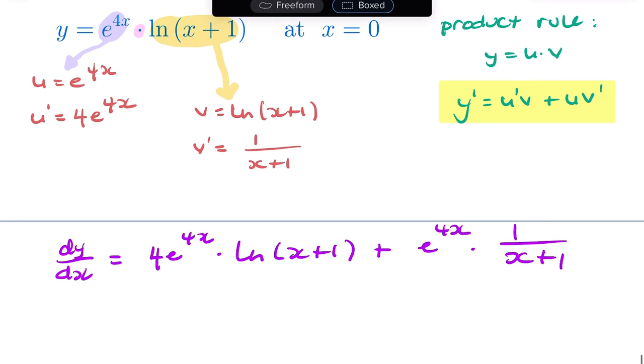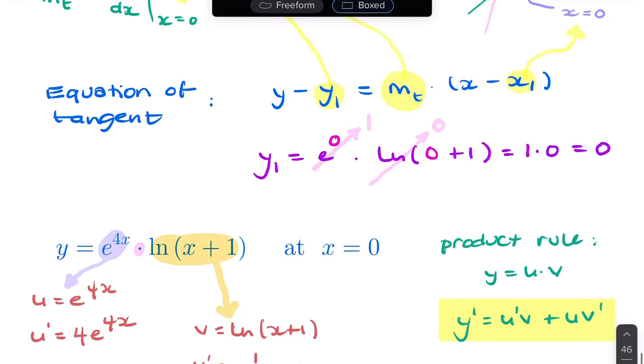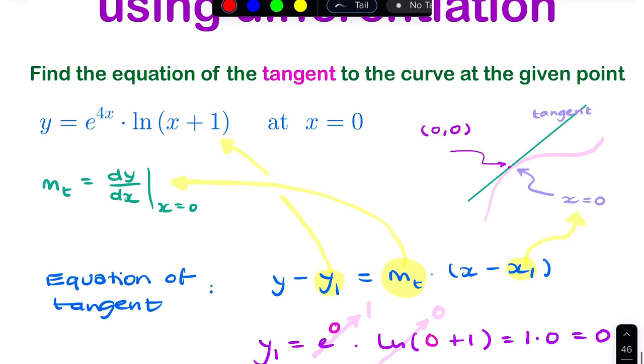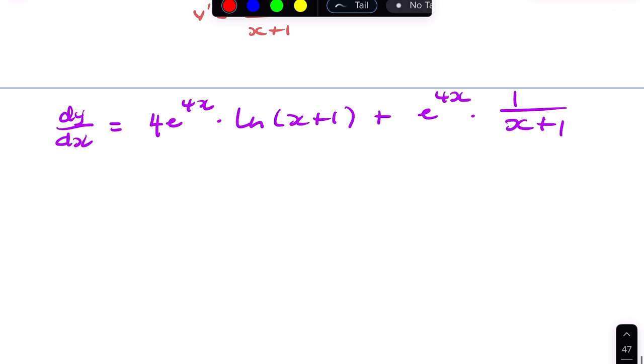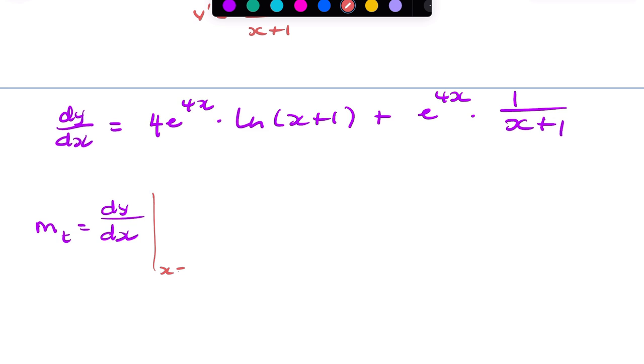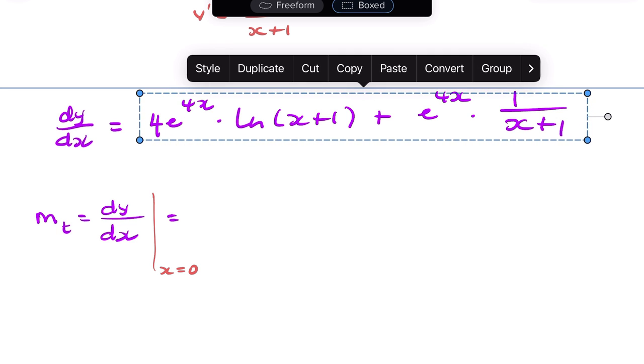We don't really need to simplify it. We could, but we don't need to, because what we want to do is to find the gradient of the tangent. And the gradient of the tangent is simply dy by dx at the point x equals 0. So it's simply the same expression we just wrote, but replacing every instance of x with 0.